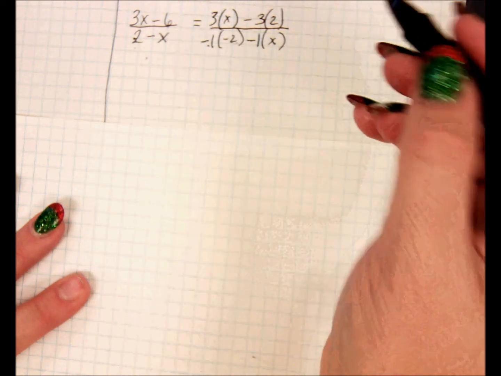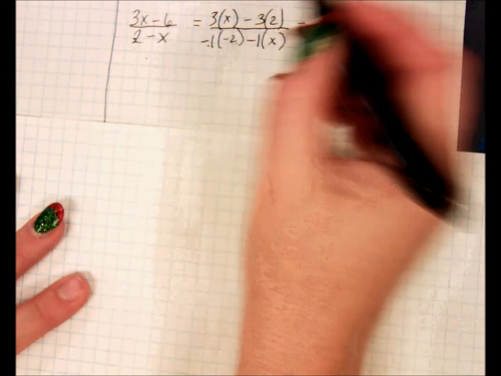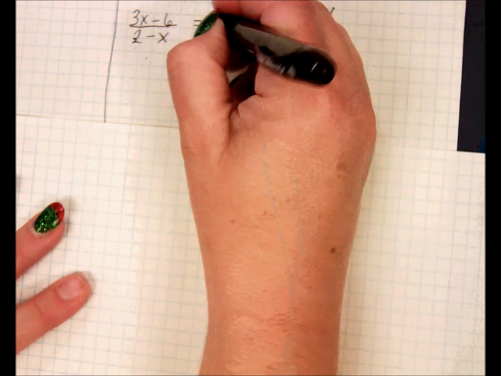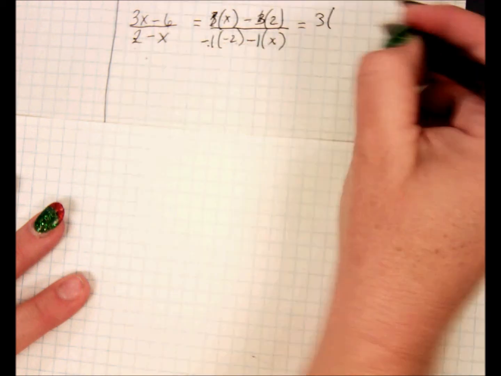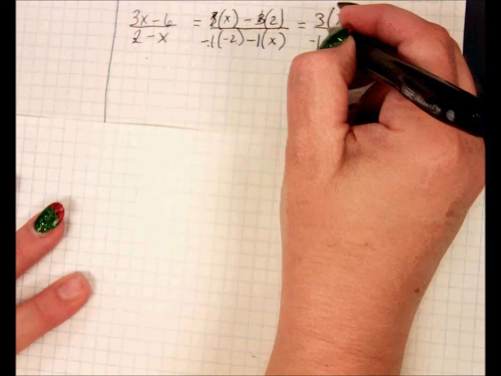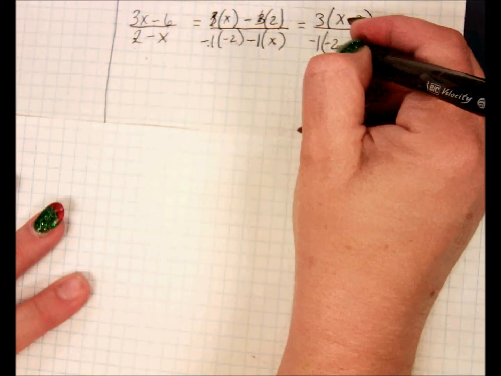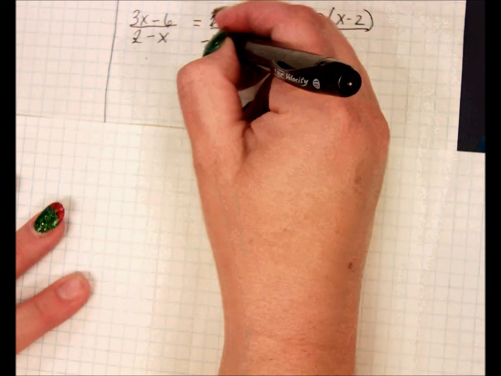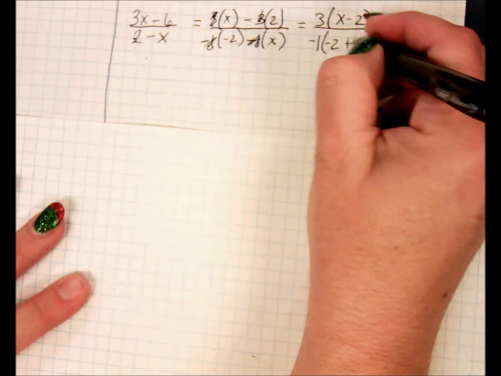Okay. Now, when we go to take this out, we're going to take that 3 out, and we're left with x minus 2. We're going to take that -1 out, and we're left with -2. And we get rid of the -1, and it's a positive x.